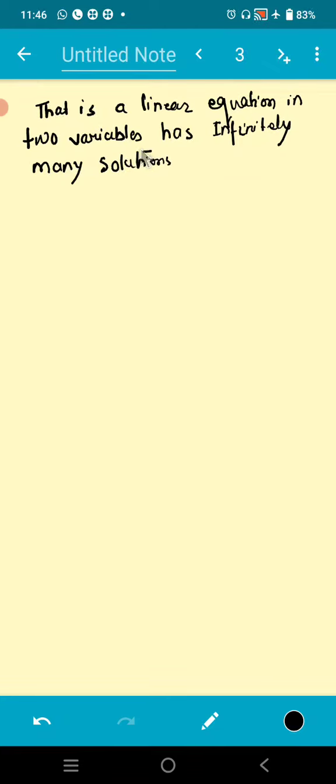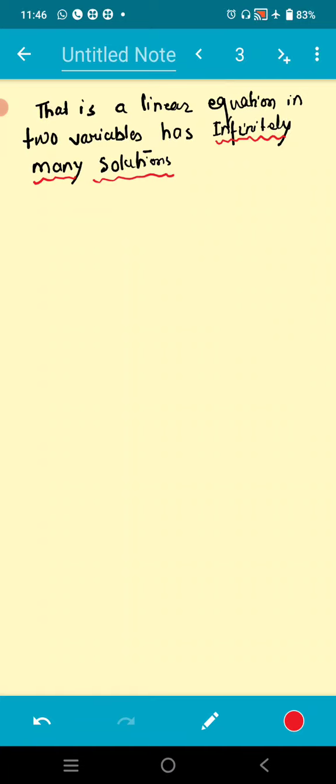So this is what you have to understand. So I am highlighting this part. Okay, infinitely many solutions. I hope everyone has understood what is the meaning of solution and how many solutions is possible for a linear equation in two variables.